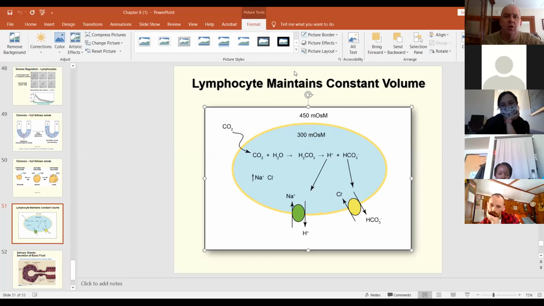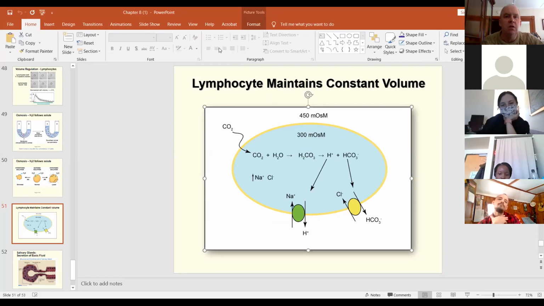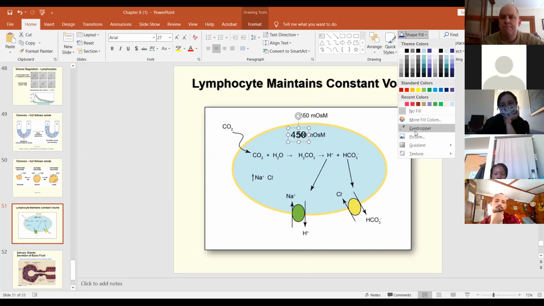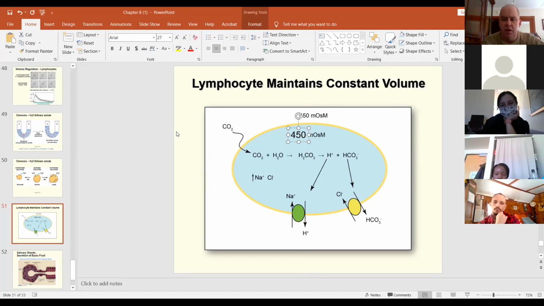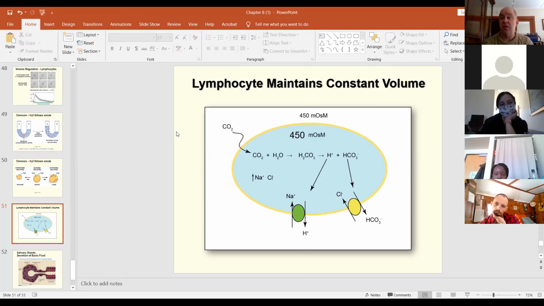The difference is it will now be 450 inside, so it will get back to a normal size. The tonicity is different inside the cell than normal, but apparently it can deal with that better than a change in cell size. So this is how a lymphocyte will regulate its size based on the tonicity of the solution outside.